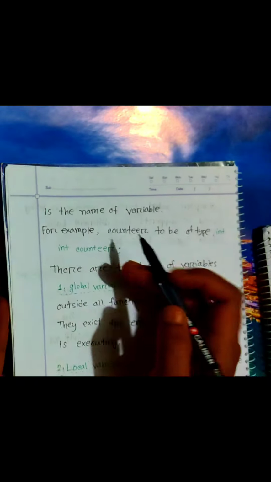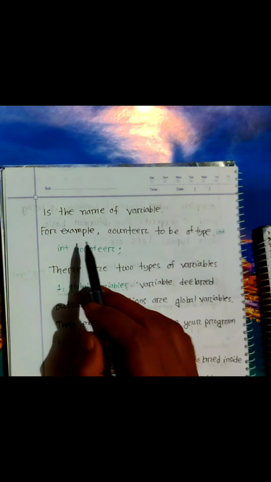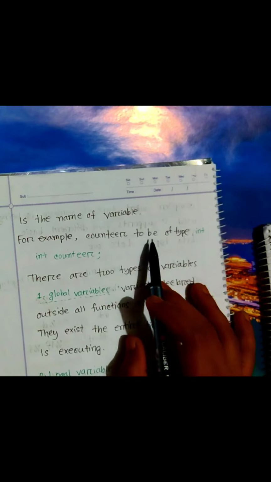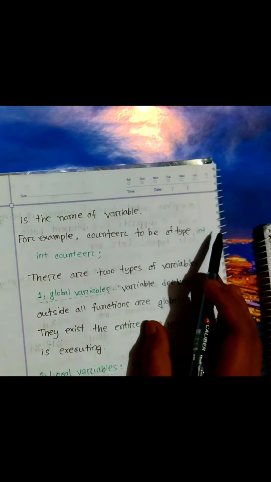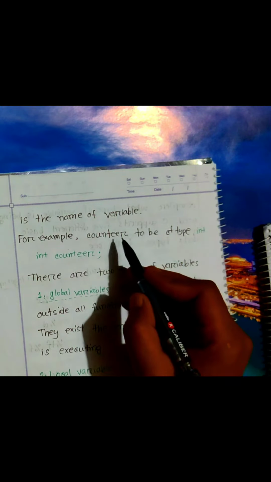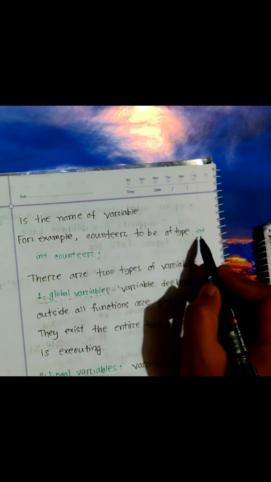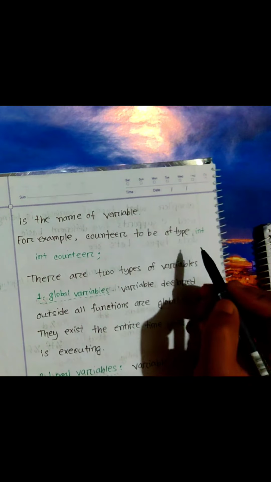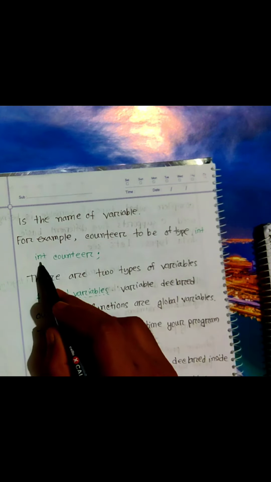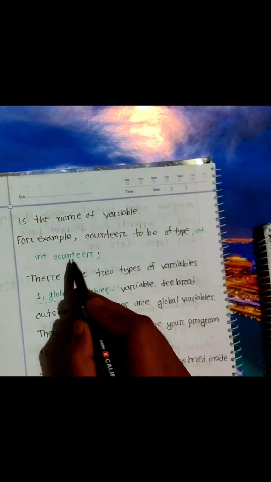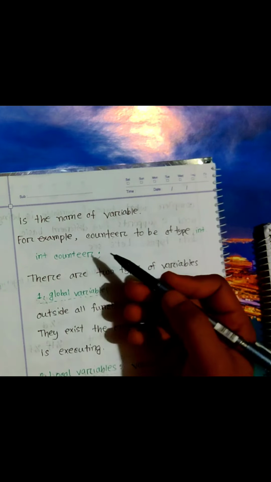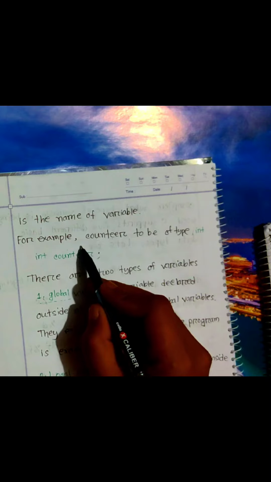And var name is the name of the variable. For example, counter to be of type integer. It's a variable and it's integer data type. I mean, it's a positive number, int. This is the type of the variable and this is the name of the variable. Counter, you can write anything in this variable name.